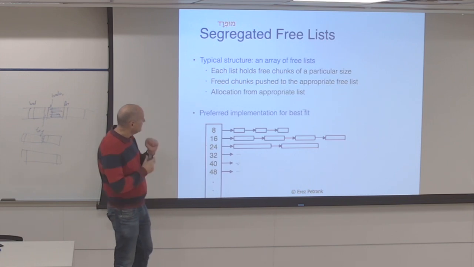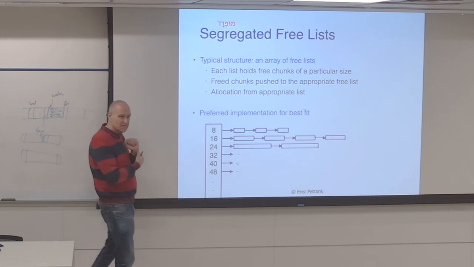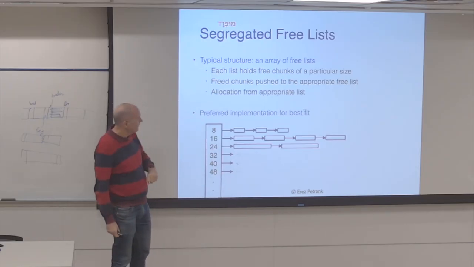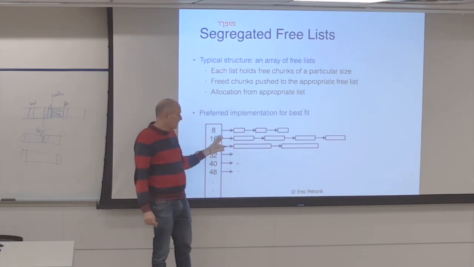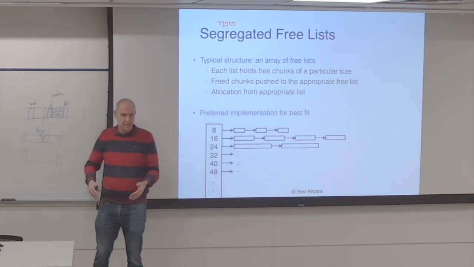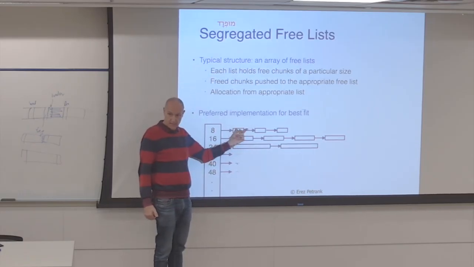So we have coalescing. Now, a very standard way to do best fit, and this is used a lot, is a segregated free list. So you segregate objects by their size. All the free spaces of size 8 are in this list.